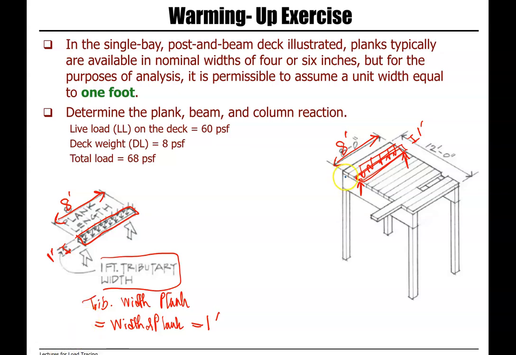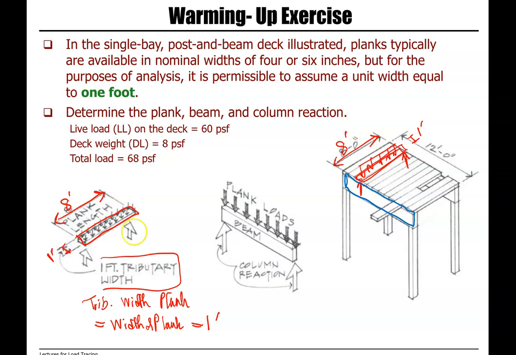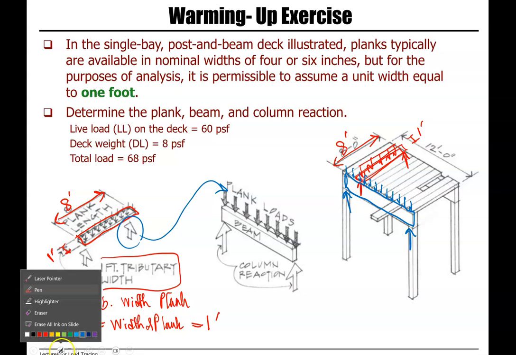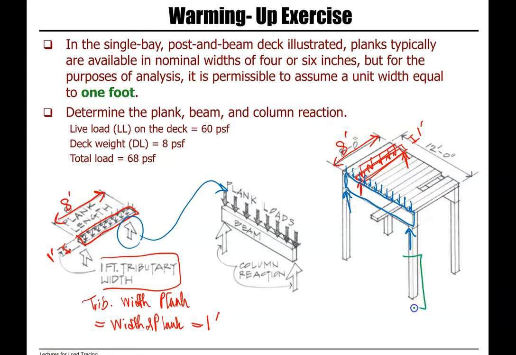These reactions are the loads transferred from each plank to the beam. So using free body diagram of a beam, we calculate end reactions, and then we have loads transferred to the columns.